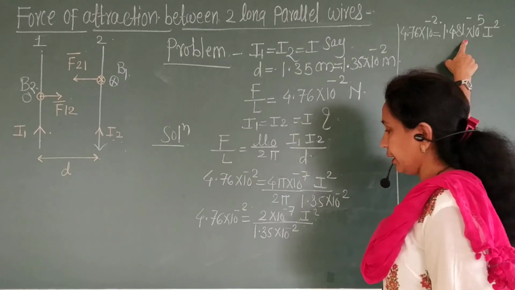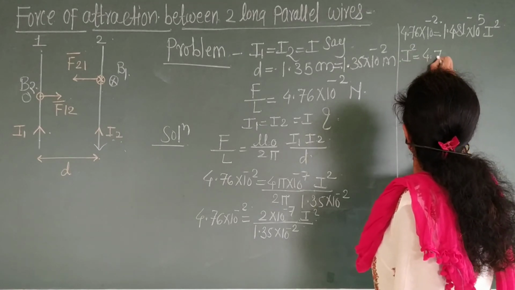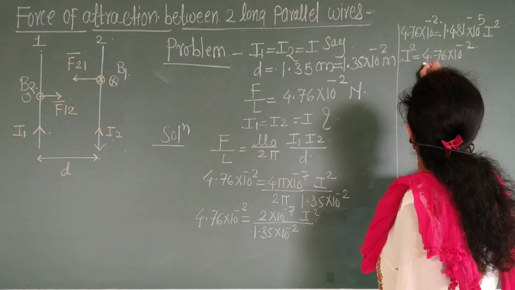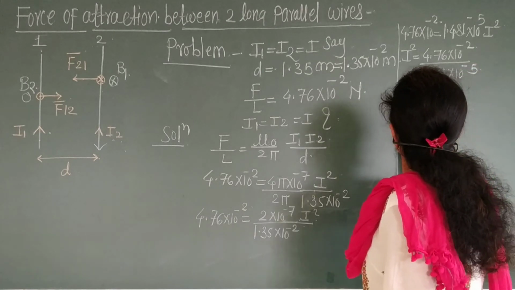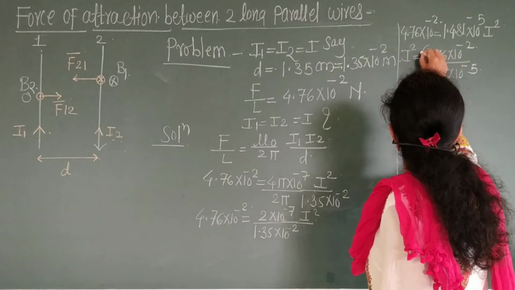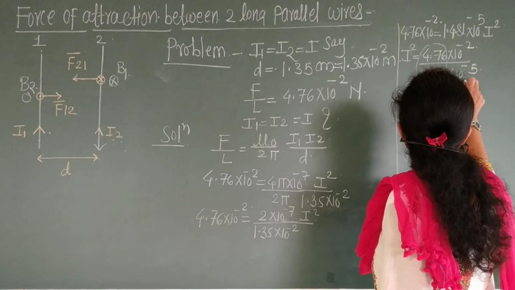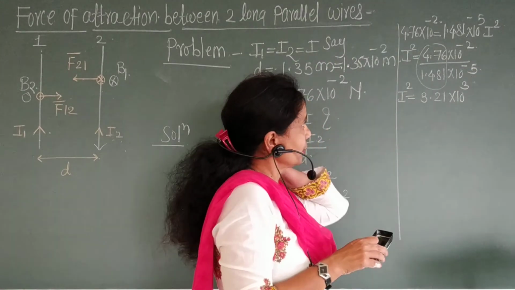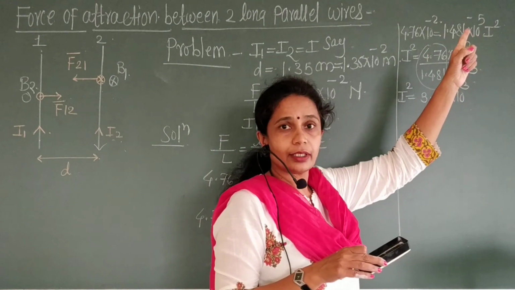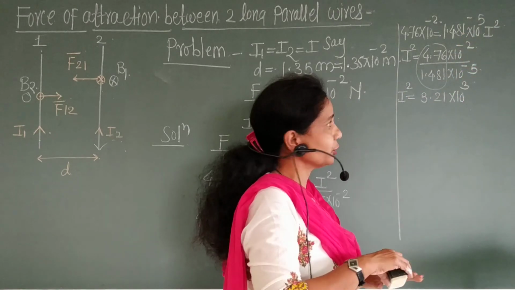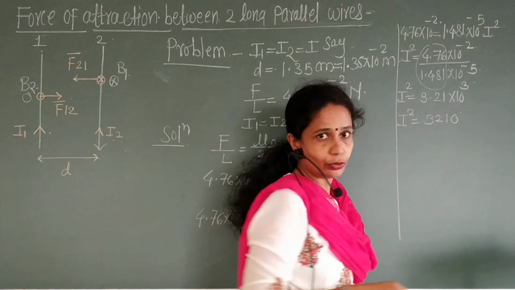What is the value of I square? I square is equal to 4.76 × 10^-2 upon 1.481 × 10^-5. If you calculate this, it becomes 3.21 × 10^3, since this is 10^-2 and this is 10^5. Therefore I square is equal to 3210.